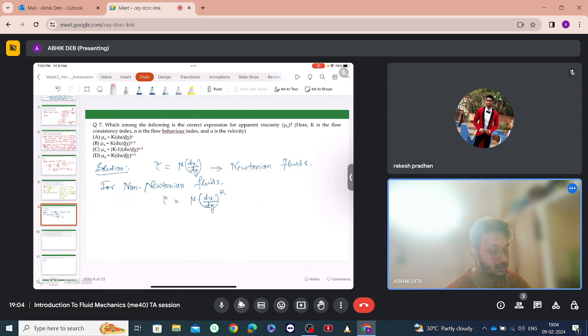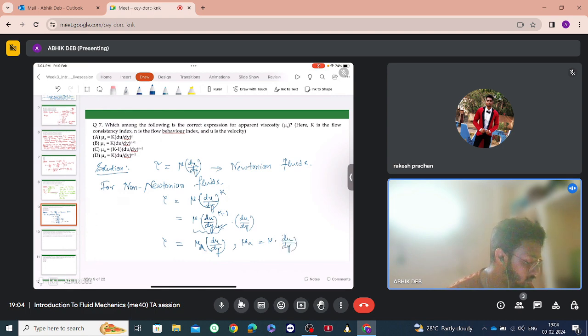Okay, so if we write it in this form, du by dy to the power k minus 1 multiplied by du by dy, and we denote this as mu apparent, then it takes the same form as the Newtonian fluids, but the mu here is also dependent on the rate of deformation, and mu a is mu times du by dy to the power k minus 1.